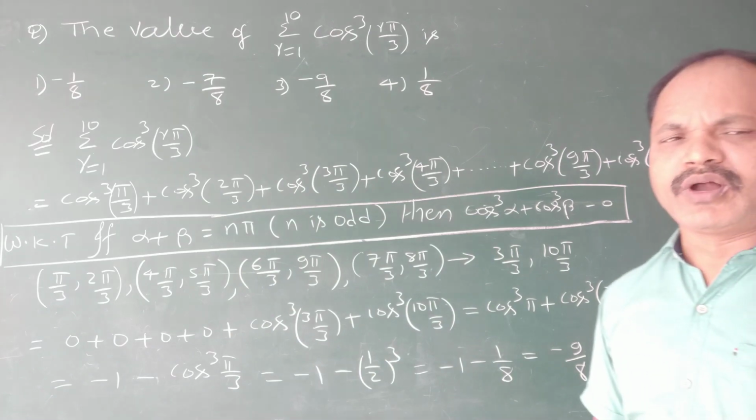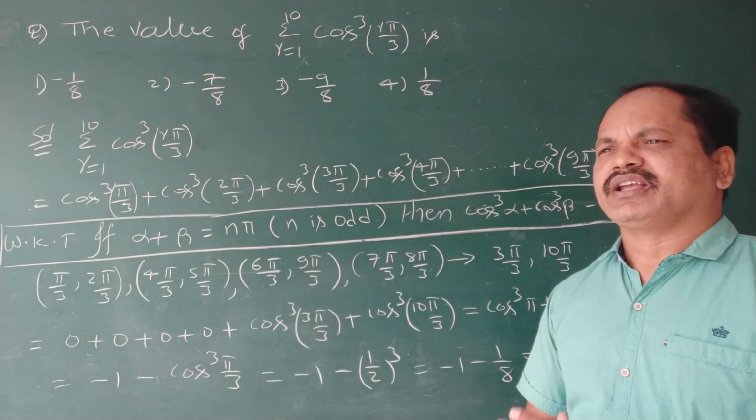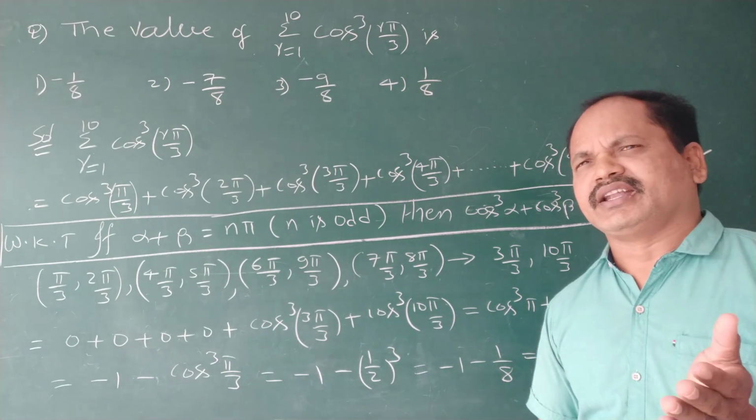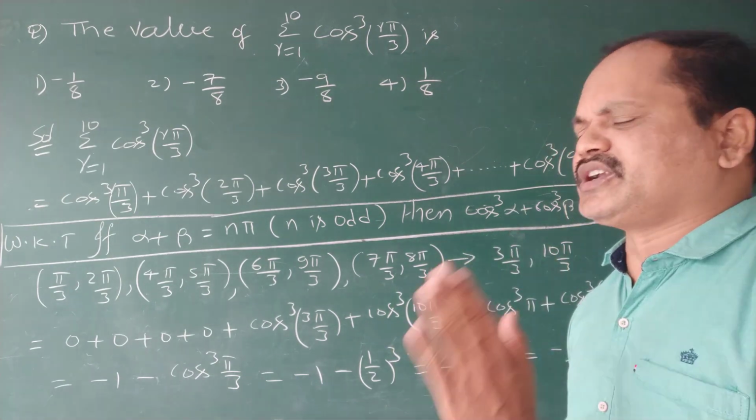Now we know one formula: if alpha plus beta is equal to 180 degrees, then cos alpha plus cos beta is 0.